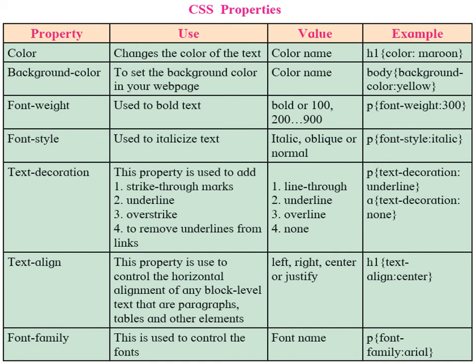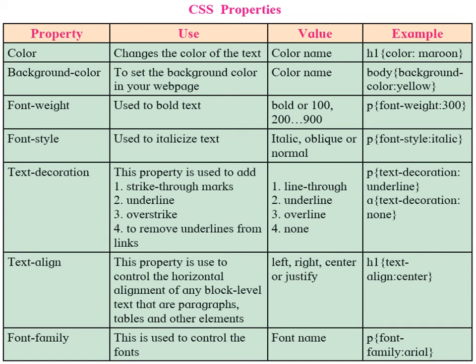If you are trying to increase the boldness of the particular text, you can choose this property and its value. Font style, if you are going to represent the text or the sentence in an italic manner, the font style should be italic.